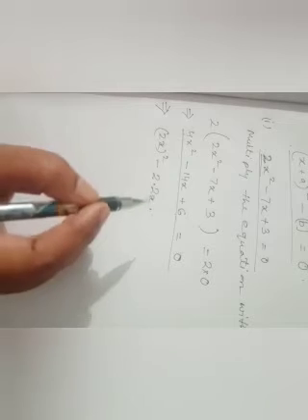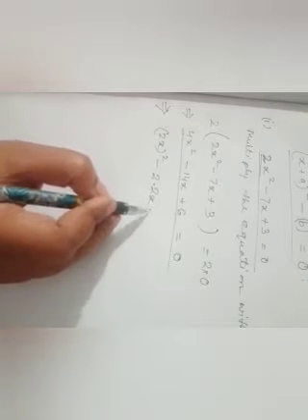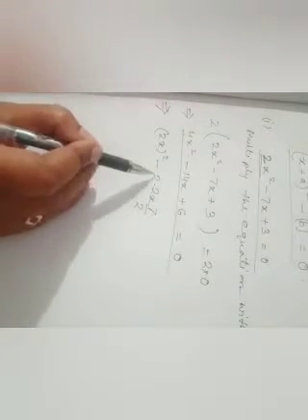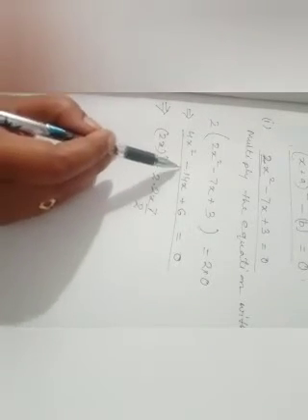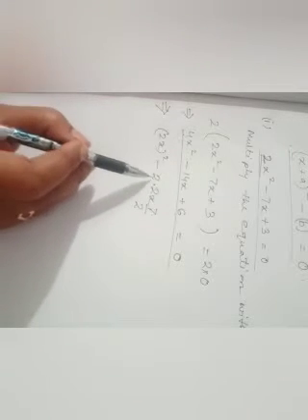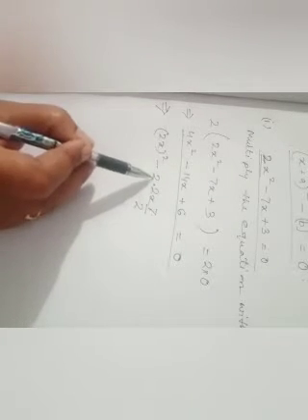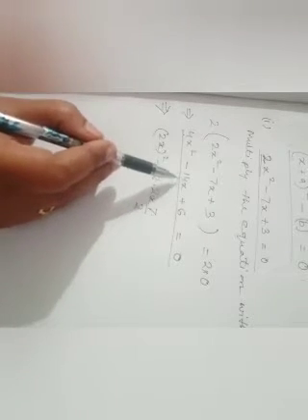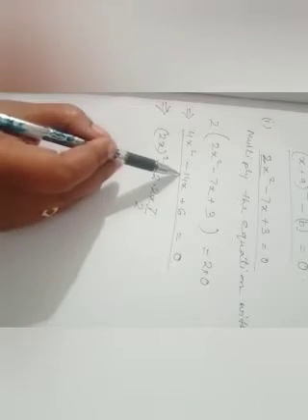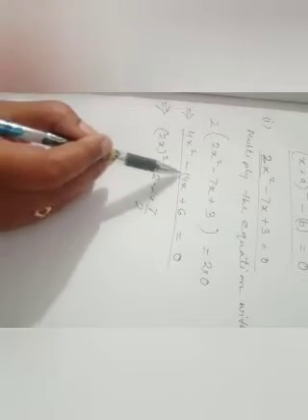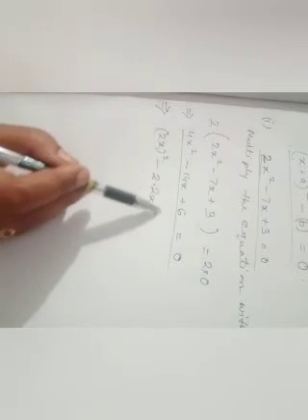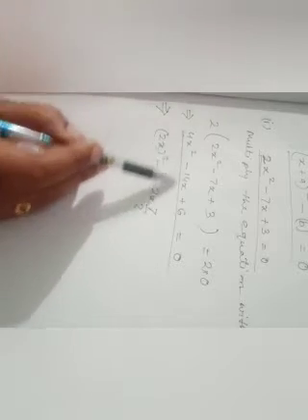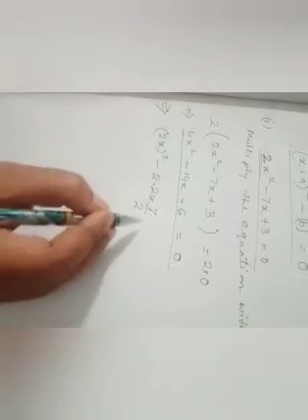To make it 14, a must be 7 by 2. See, if I multiply this, I will get minus 14x: 2 2s are 4, if I divide 4 by 2, we get 2x into 7, that is 14x. So minus 14x, the value remains the same. I am breaking minus 14x in this form so that I can make this equation a complete square.